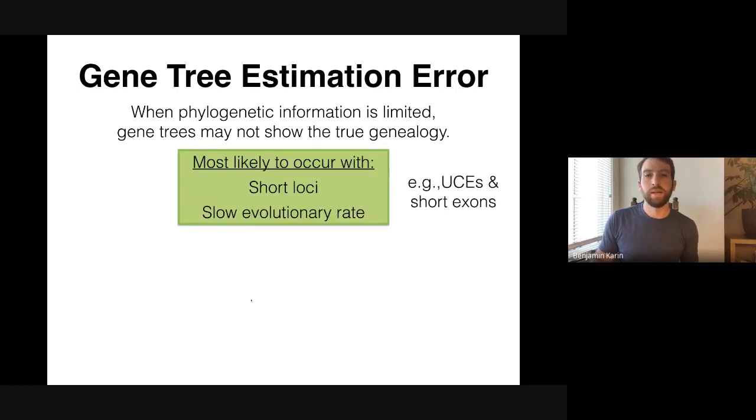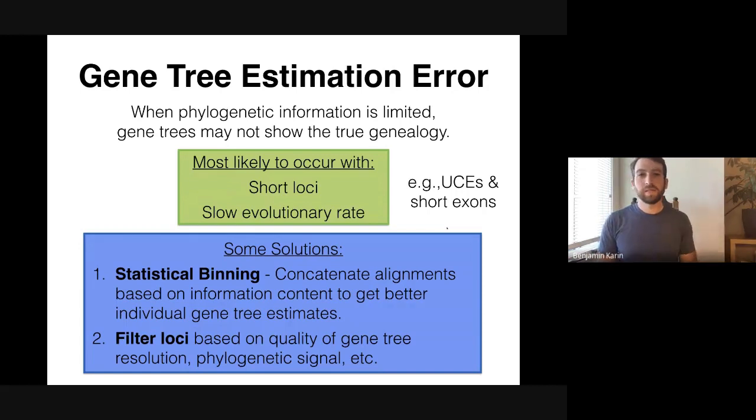This is most likely to occur with short loci and those with slow rates, because you just don't have enough information there. For example, some UCEs, especially short ones, and short exons might not have enough information in them. Many studies use exon capture, but they end up with very short exons that might not give very good gene trees by themselves.